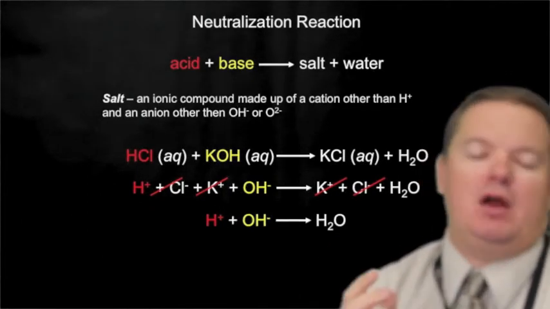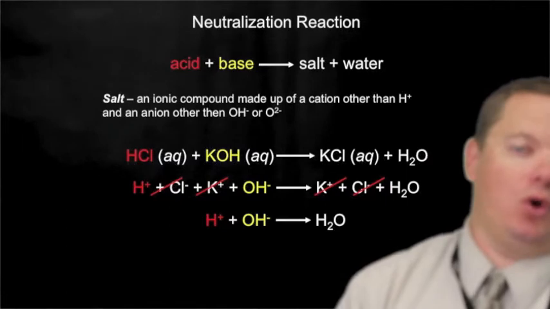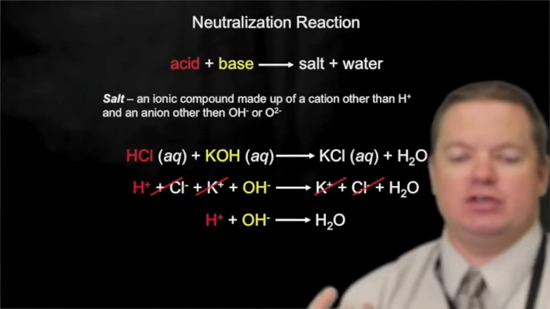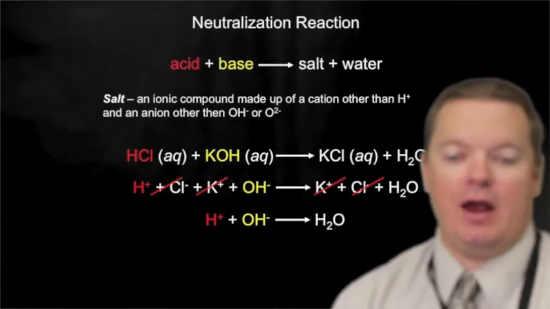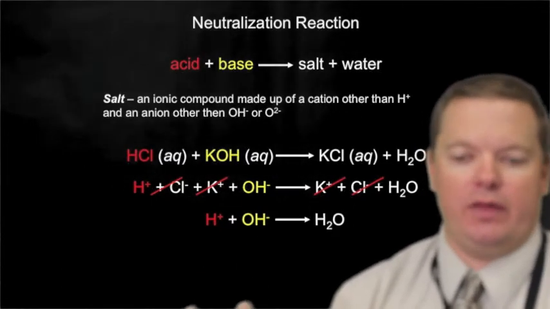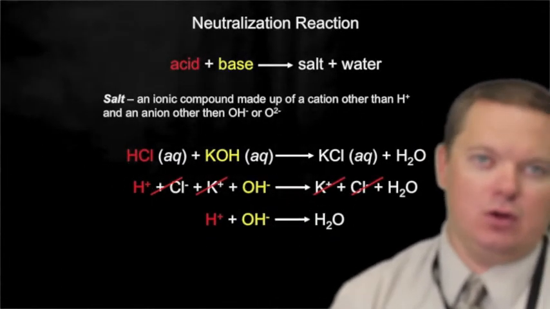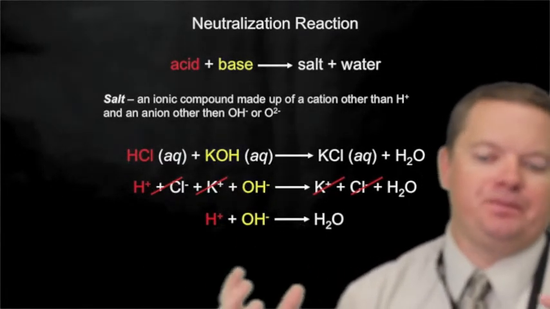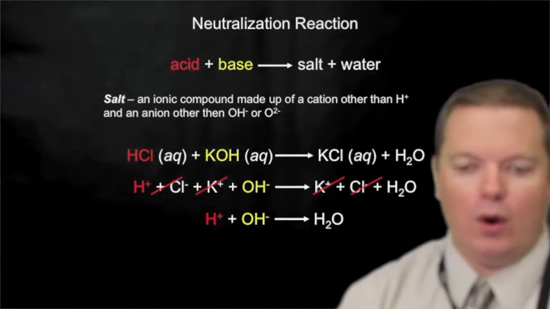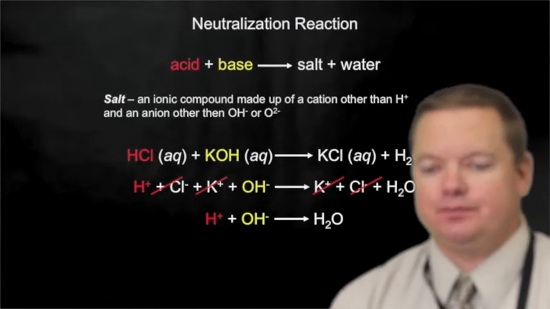When we say salt here, we're not typically meaning sodium chloride, what we typically think of as salt. Salt is just a name for an ionic compound that has a cation other than hydrogen and an anion other than the OH or the O. So we're looking for some ionic species that's not water or another acid.